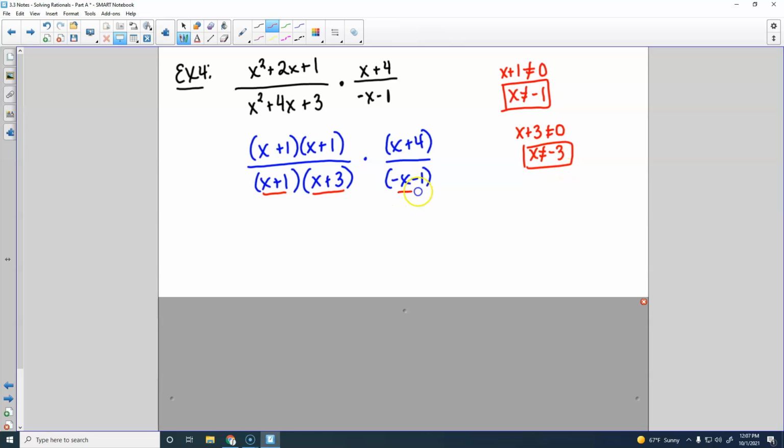We're also going to have negative x minus 1 cannot equal 0. So we move that 1 over, negative x cannot equal 1, x cannot equal negative 1. That actually ends up being the same thing as we had up here, so we don't have to list it twice. So these are our excluded values. So these need to be listed whenever you're simplifying.